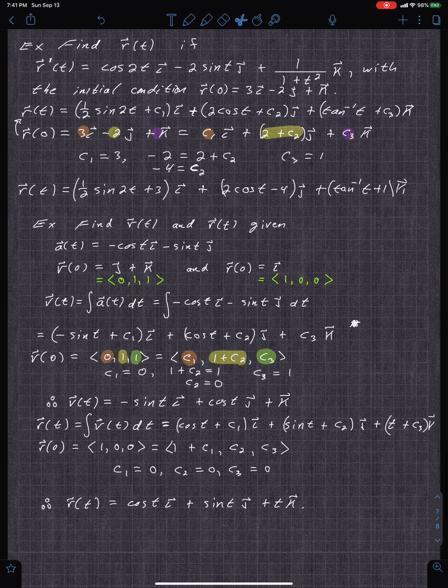I'll walk you through it. So find r of t given r prime is all of that, and your initial condition is here. r of 0 is this. Okay, r of t is, so now I integrate all of this.